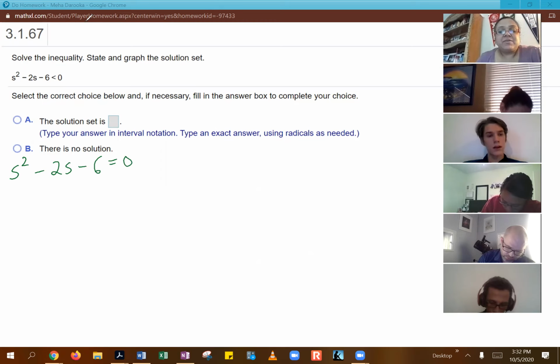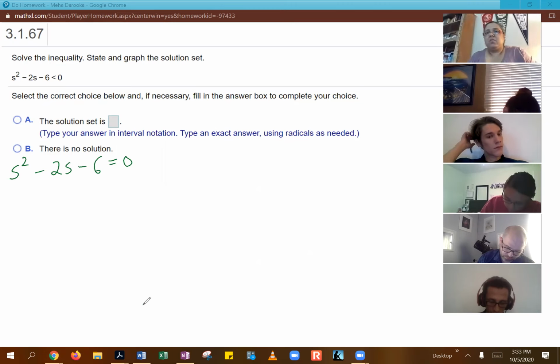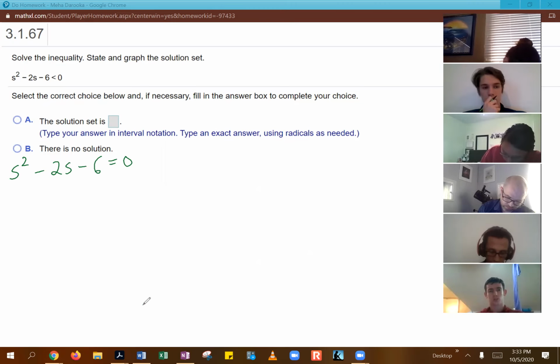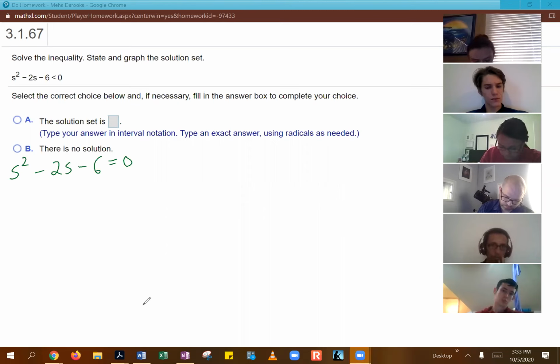You can use factoring, completing the square, or quadratic formula. What would you prefer? Do you think factoring will work in this example? Because if we were looking for factoring, we're trying to find two numbers that multiply to give us negative 6, but add up to give us negative 2.